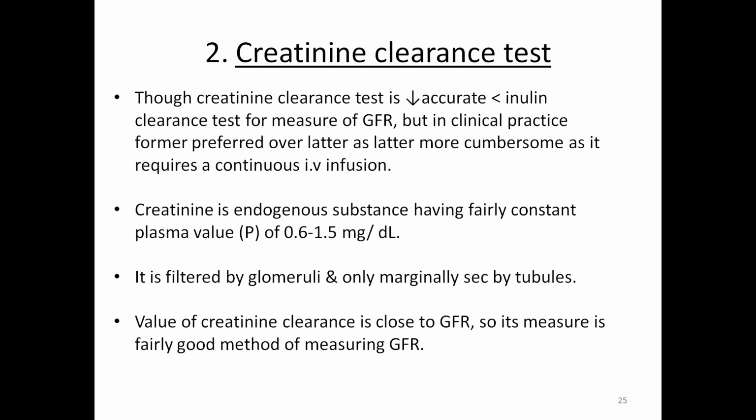Now creatinine is an endogenous substance, which is fairly constant. It has a fairly constant plasma value of 0.6 to 1.5 milligram per deciliter. It is filtered by glomeruli and only marginally secreted by tubules. So again, its value of clearance is very close to GFR. So its measure is a fairly good method of measuring GFR.